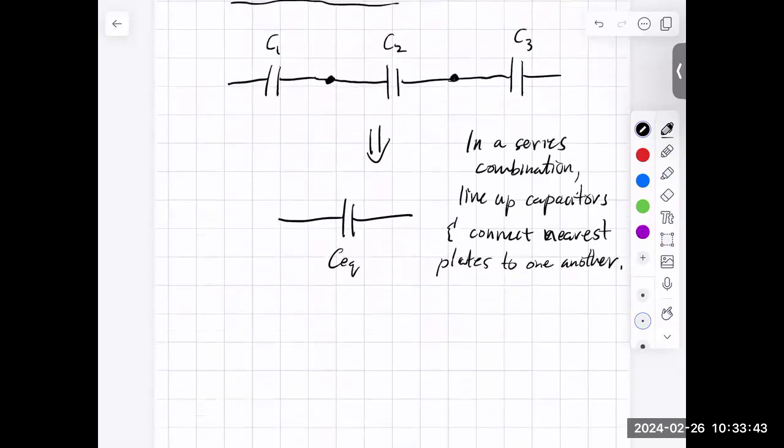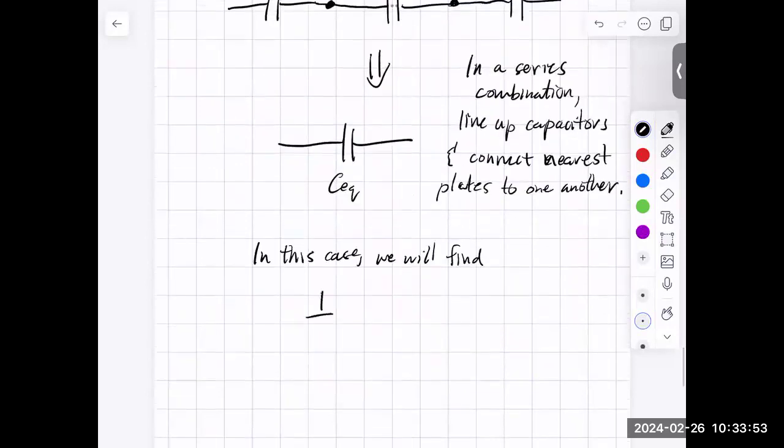Okay, so in this case we will find that for parallel capacitors C equivalent was just the sum of C1, C2, C3. For the series case, it's actually the inverses that add. The inverse of C1 plus the inverse of C2 plus the inverse of C3 gives you the inverse of C equivalent.